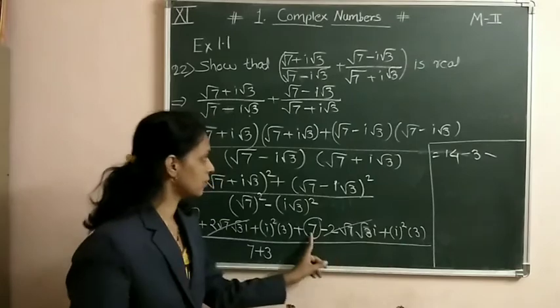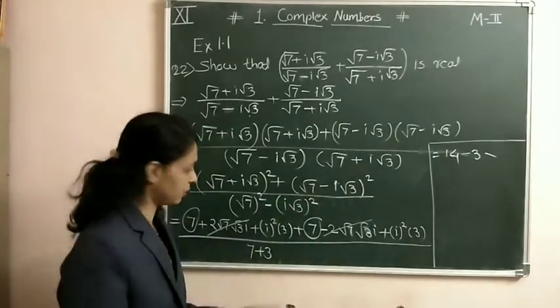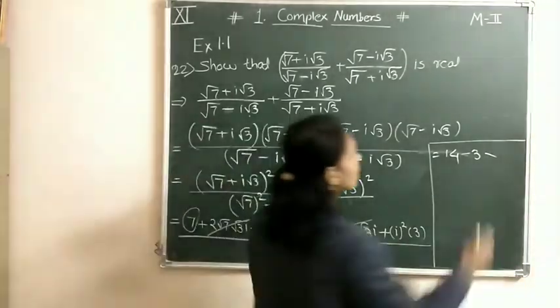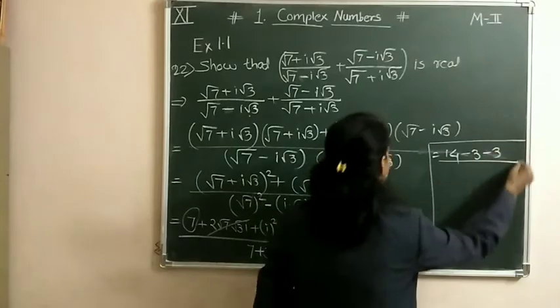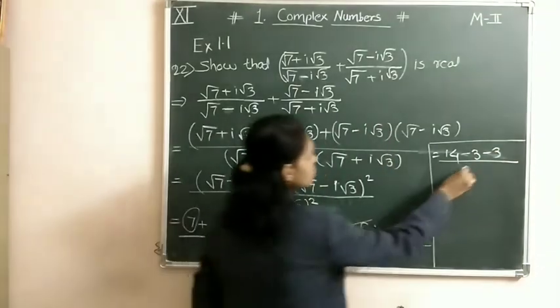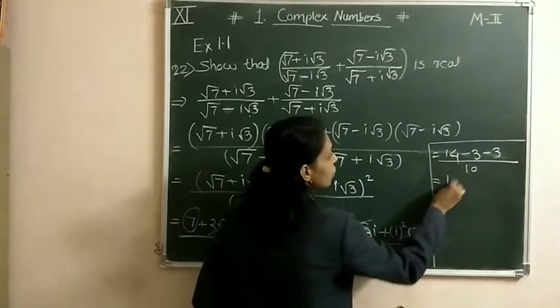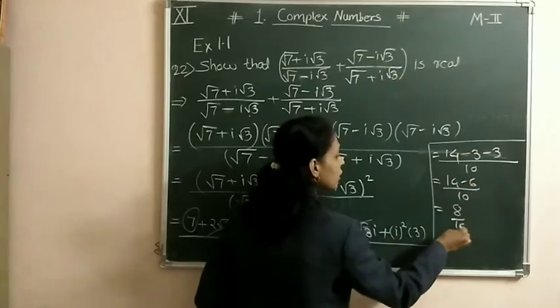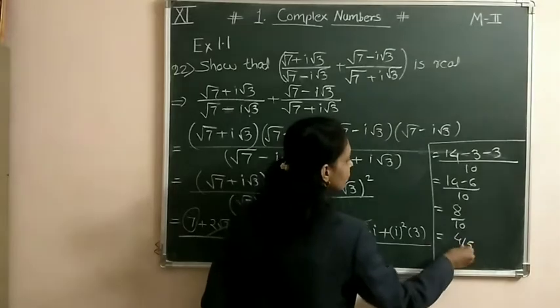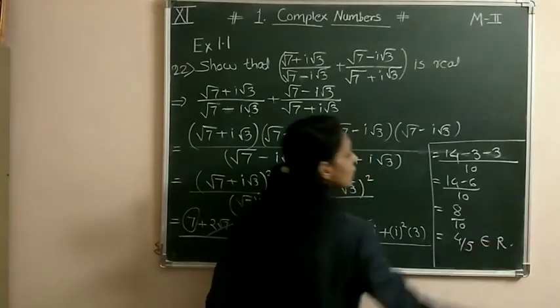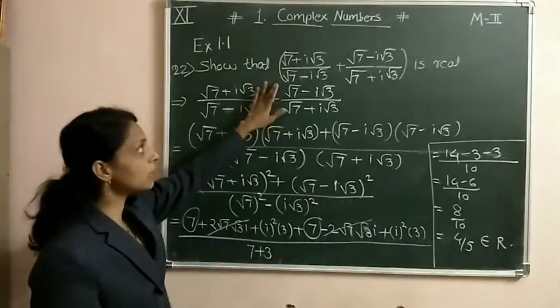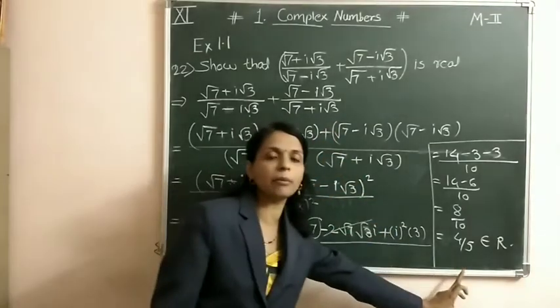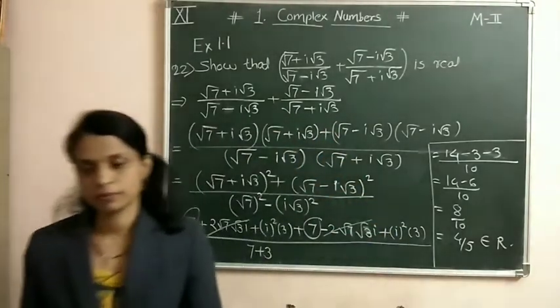Again this i square, 7 plus 7 we have already written. This negative 3 and this negative 3, upon 7 plus 3 means 10. 14 minus 6 upon 10, so 8 upon 10 or 4 upon 5 belongs to real number. So the given number is a real number. This way we have proven.